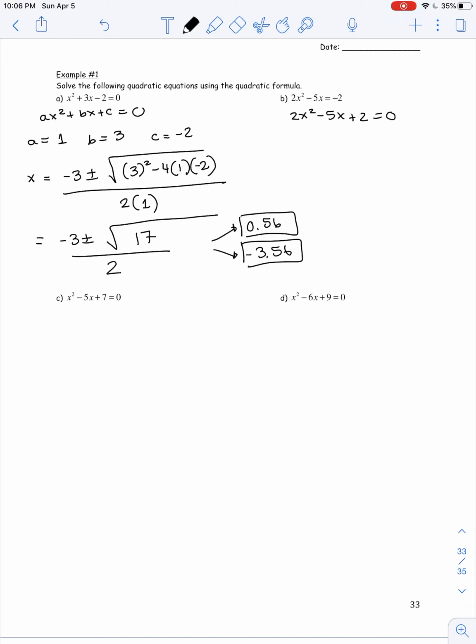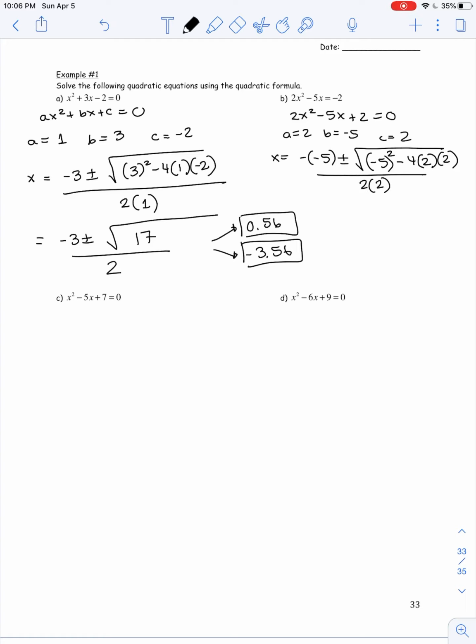So when we do this, we always want to make sure one of the sides equals 0, so bring stuff over. A equals 2, B equals negative 5, and C equals 2. So in our formula, x equals negative b plus minus square root of b squared minus 4ac.